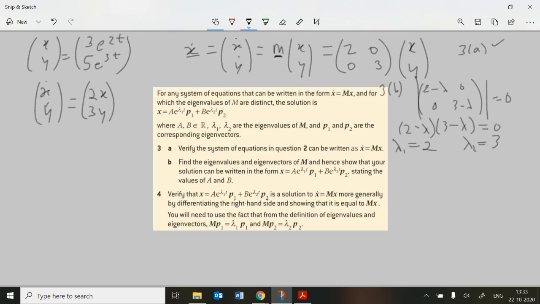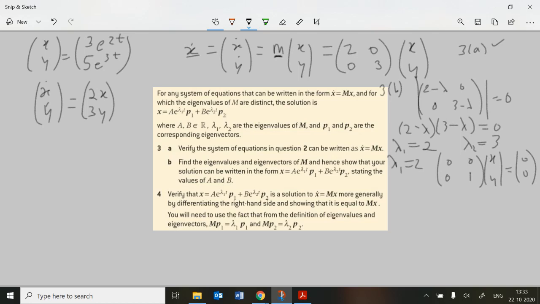Okay, so now we need our eigenvectors. So eigenvectors are put into here and then applied to the vector x to give us 0. So to find the eigenvectors, we'll put in when lambda 1 equals 2. Let's put it in there, and that becomes really straightforward. That's 0, 0, 0, and 1 applied to x, y equals 0, 0.